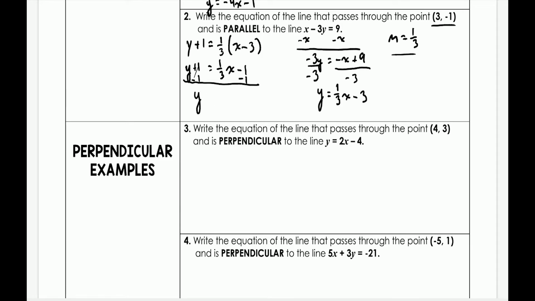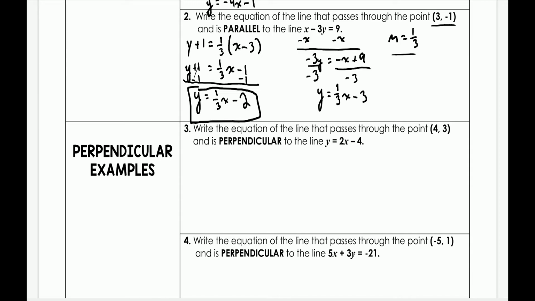We're left with y is equal to 1/3 x, and then negative 1 minus 1 is negative 2. So, we have that the equation of the line that is parallel to the line given is this guy right here. So we have y equals 1/3 x minus 2.